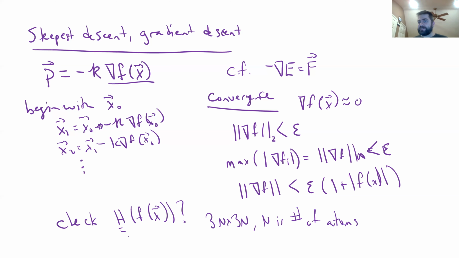And so it's very often the case that we do not bother checking the Hessian. Right? How much of a problem is it? Well, if our algorithm is designed where we have to be moving downhill, it's impossible for us to get stuck at a maximum instead of a minimum.